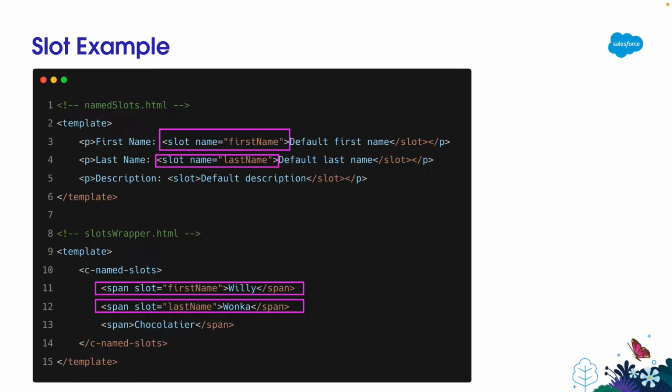When I use this name slot component in a different component, I can replace those slots with the HTML of my choice, as long as I maintain the same slot names as defined in the name slot component. In this example, I use span to display the names. I could also use divs here or different form elements.